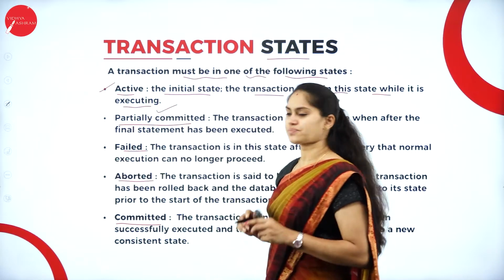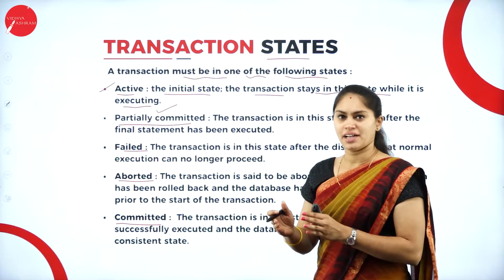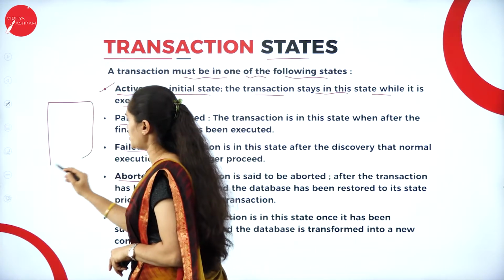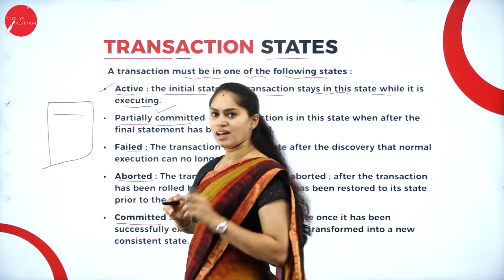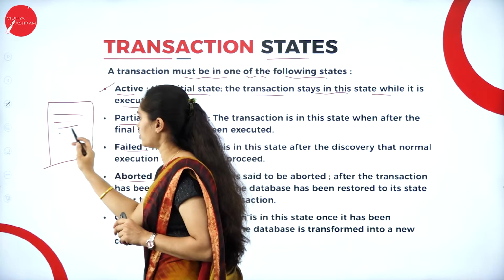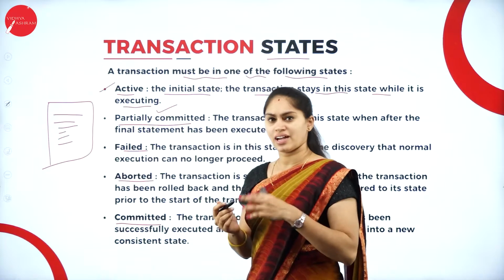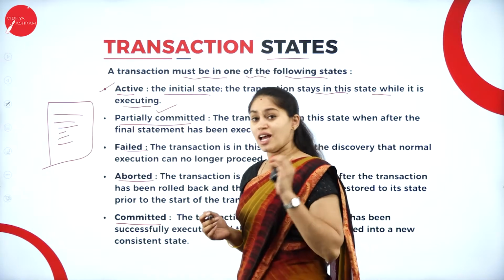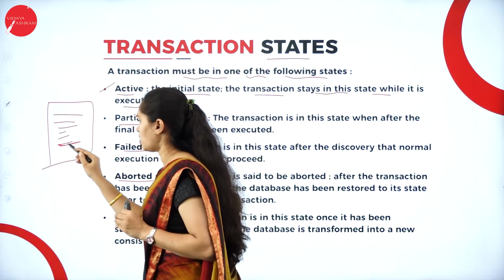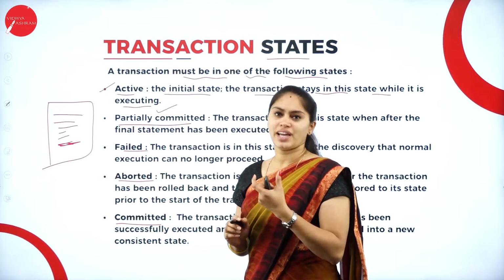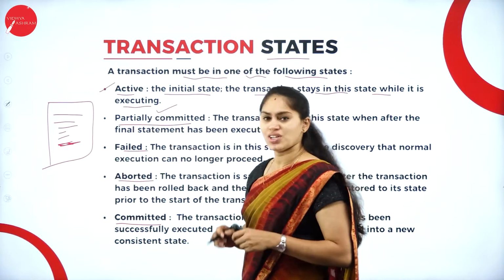Next, we have partially committed. Imagine I have a transaction that I am just going to invoke; at that time it will be in the active state, and there are more statements to be executed, more read or write operations to take place. When I am at the end of the operations of a transaction, that stage is considered partially committed.